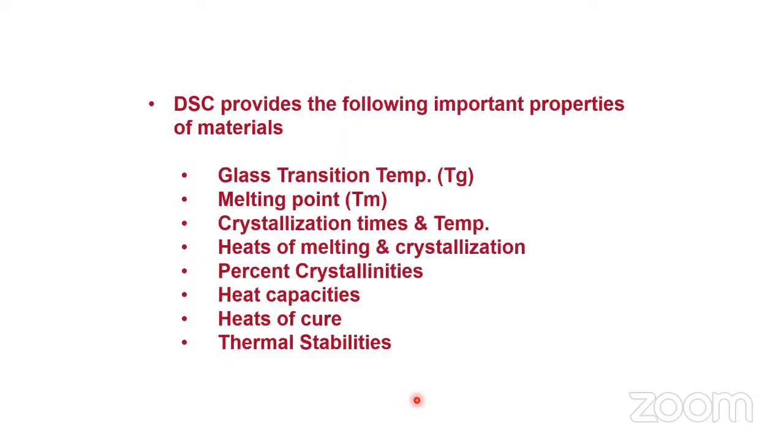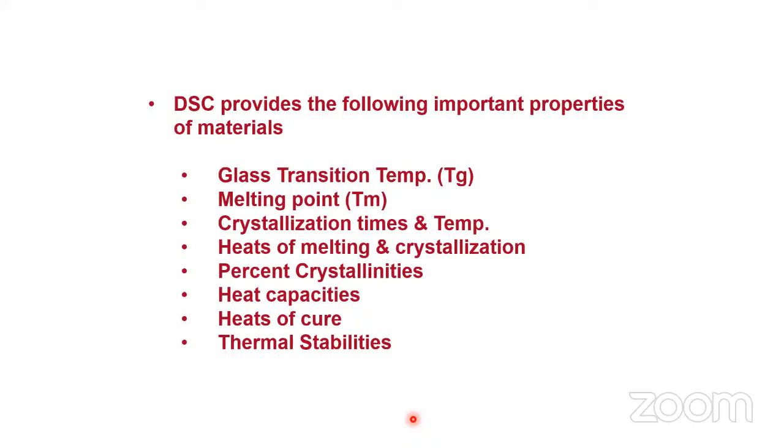So what all can DSC provide us as a test of polymeric materials? We will get all these things using DSC. First of all is the glass transition temperature, which is an important factor for polymeric material testing.